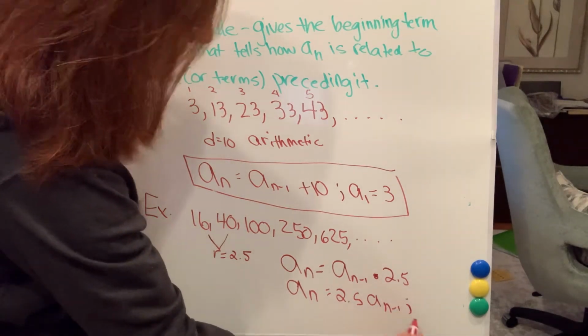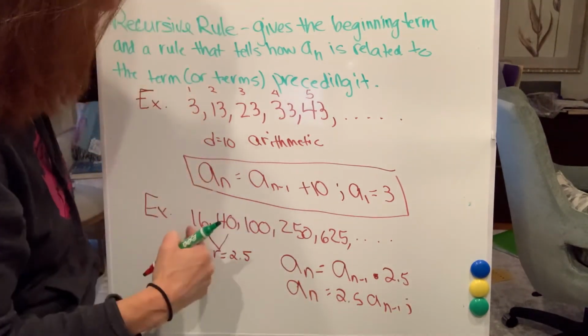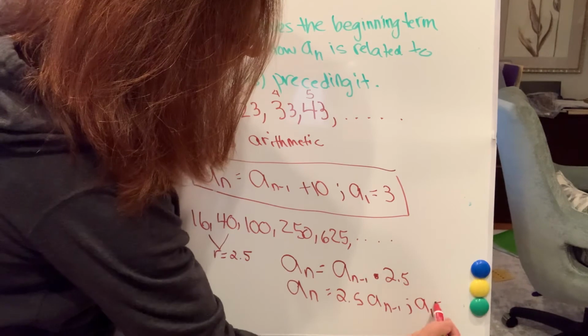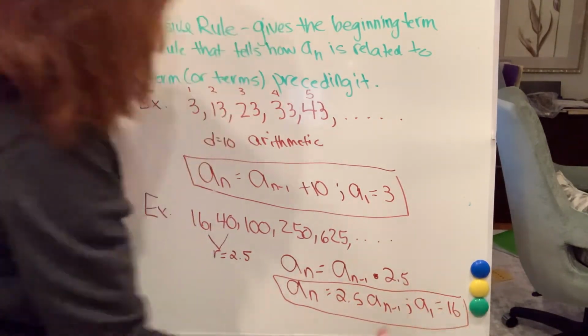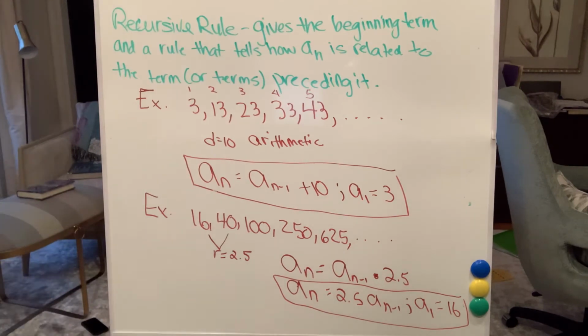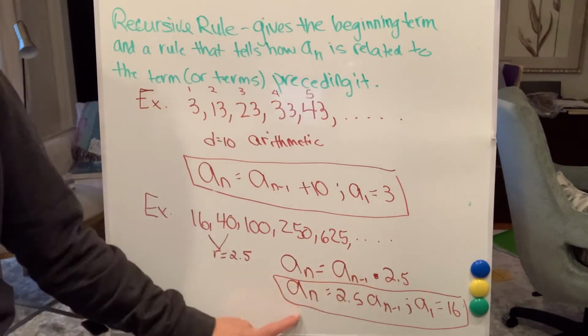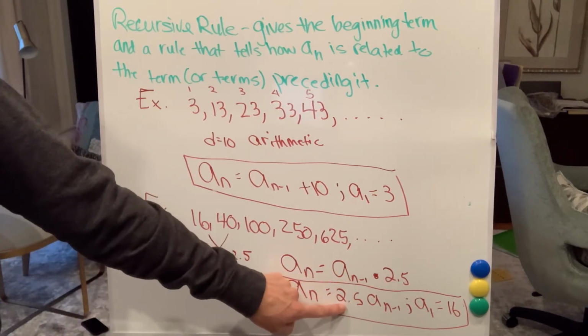And again, I just need to know where I'm starting. My first term in this one, I want to say a_1 is 16. All right, so these rules take the term before and tell me what to do to get the next term.